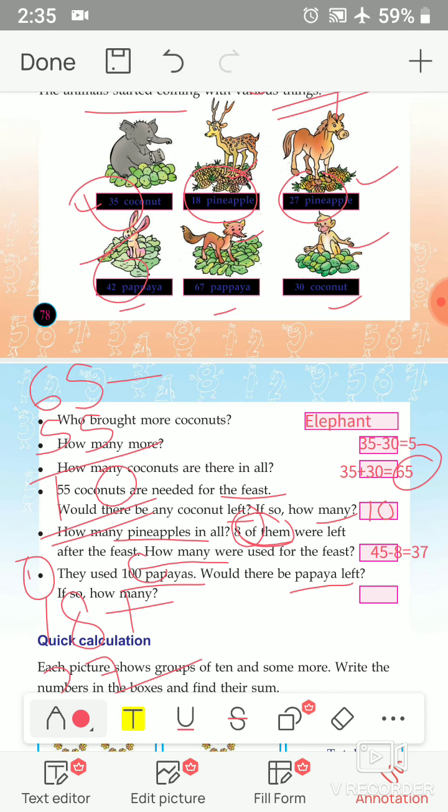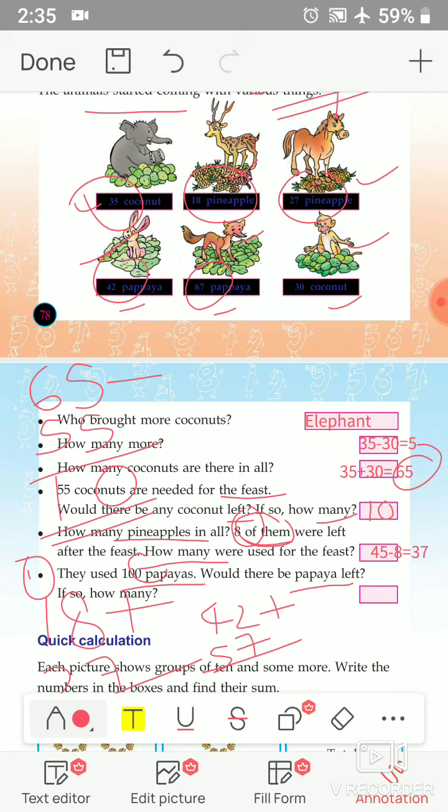42 papayas were collected by the rabbit and 67 papayas were collected by the fox. Then how will you find the total papayas? 42 plus 67. 42 plus 57.